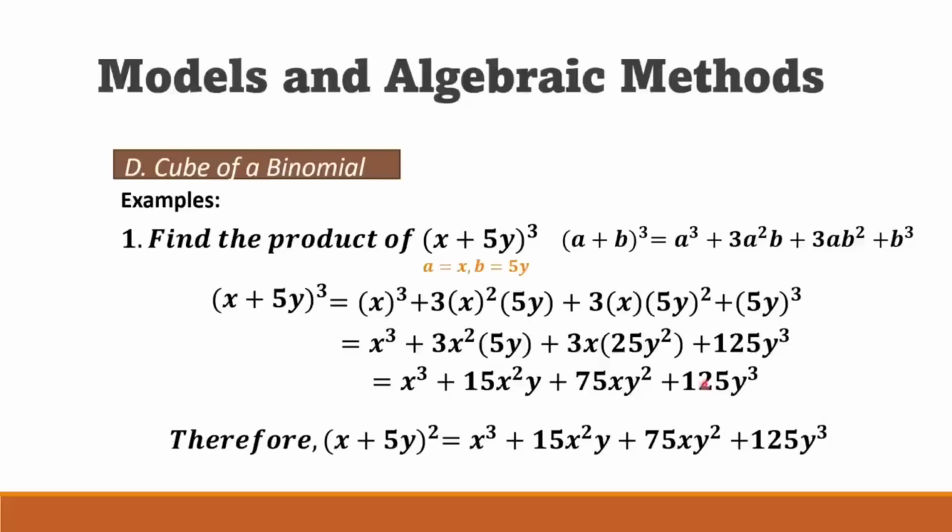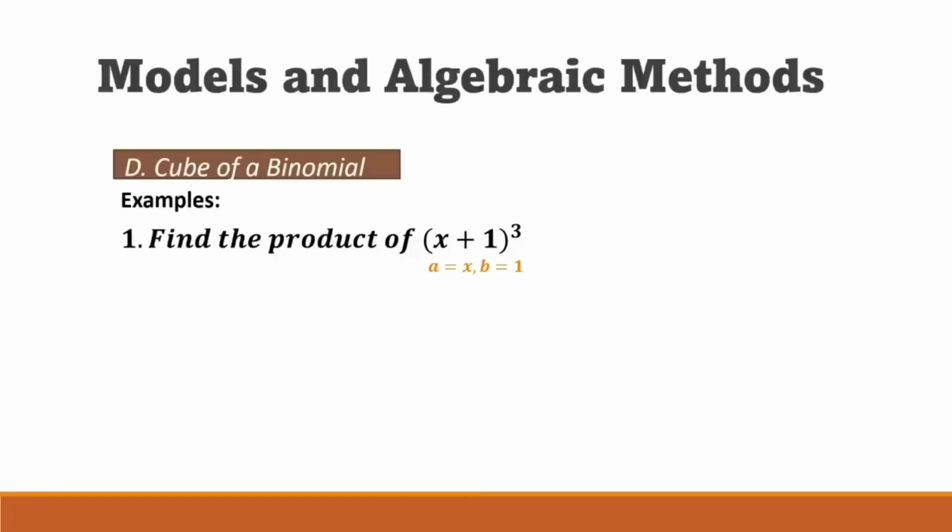Therefore, (x plus 5y) cubed is equal to x cubed plus 15x squared y plus 75xy squared plus 125y cubed. As you can see, this method is easier than using FOIL, because with FOIL you would multiply x plus 5y times x plus 5y, then multiply the result by x plus 5y again. That would be a longer solution.